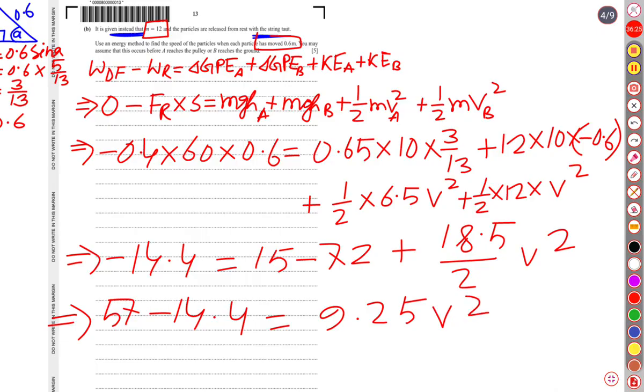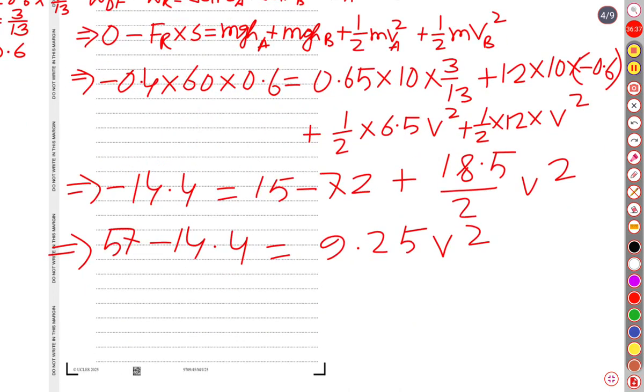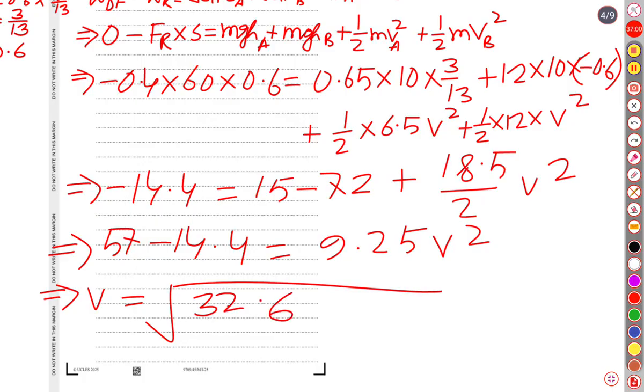So finally, v is equal to, from 57 if we subtract 14.4, it is going to be 32.6, and then over 9.25.